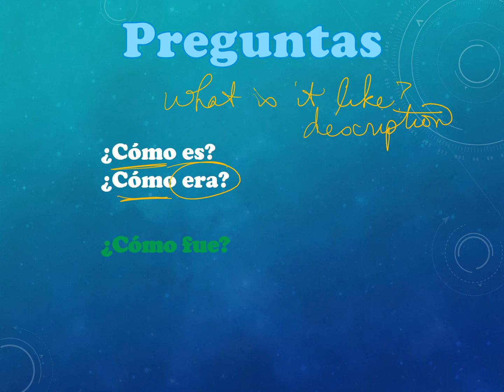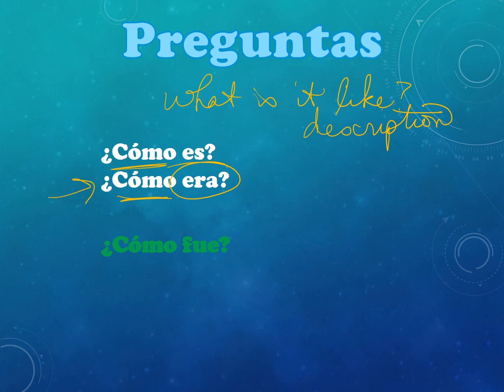You could also say ¿cómo fue? That's the pretérito form. What was it like? If you ask ¿cómo fue? you're asking not only for a description, but also what happened. Whereas if you ask ¿cómo era? it is more a descriptive question.